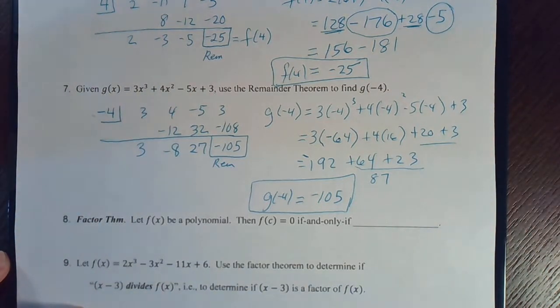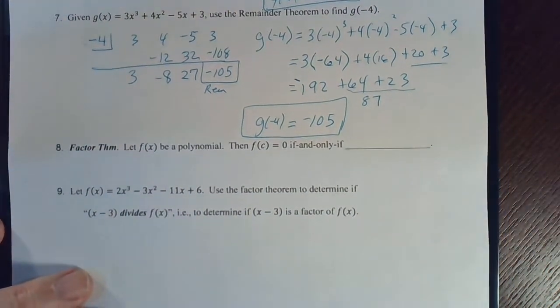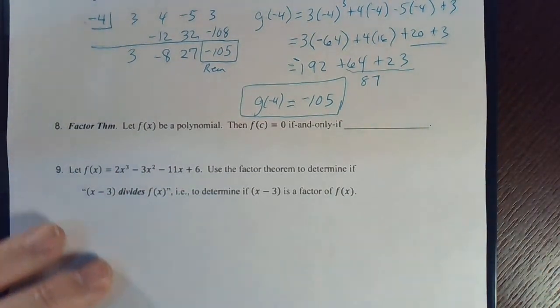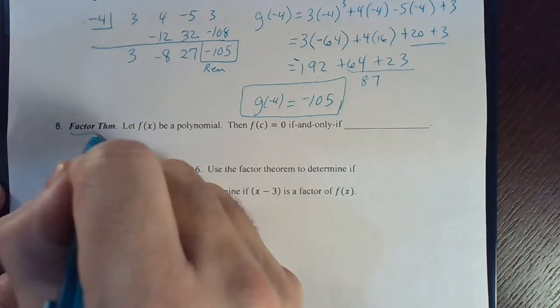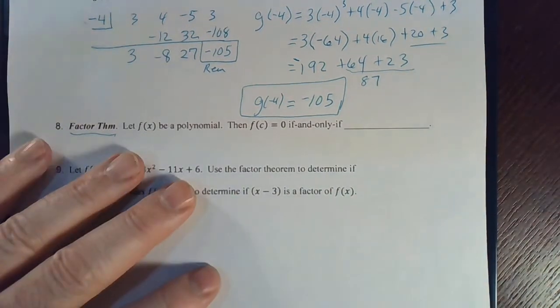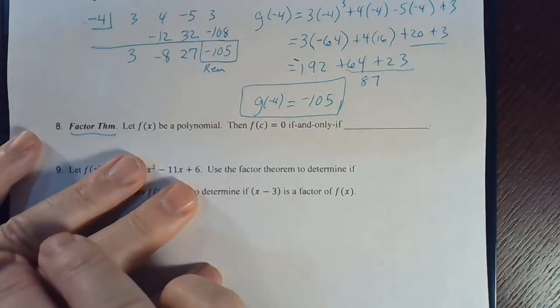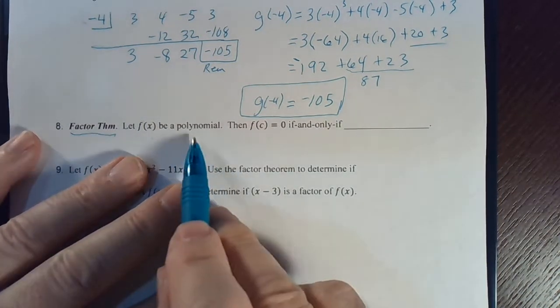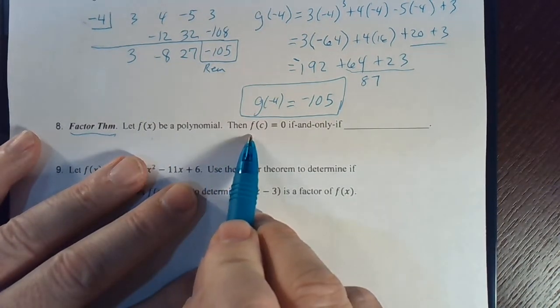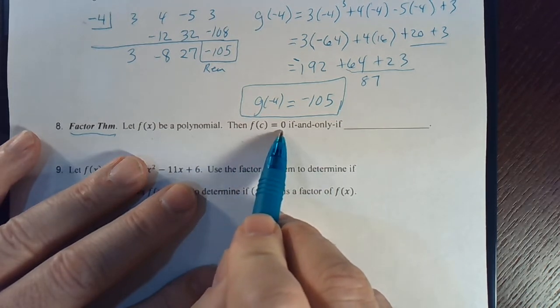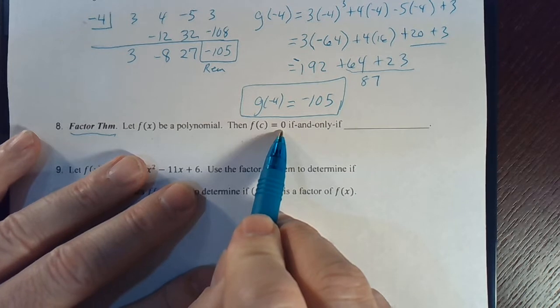All right, we have one more theorem, and I'm sure you know this theorem already, but you may not know it by its name. The factor theorem. And this is going to help us factor polynomials. Let f of x be a polynomial. Well, if that's the case, then f of c equals 0, if and only if what?